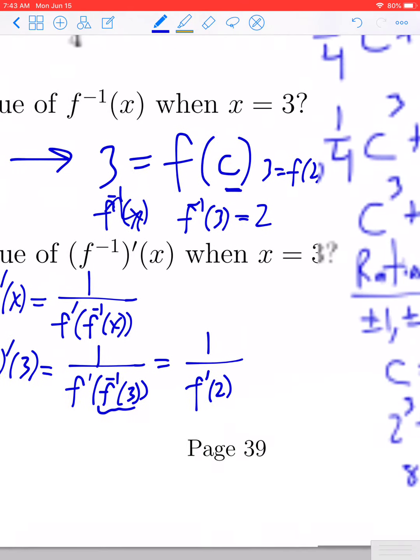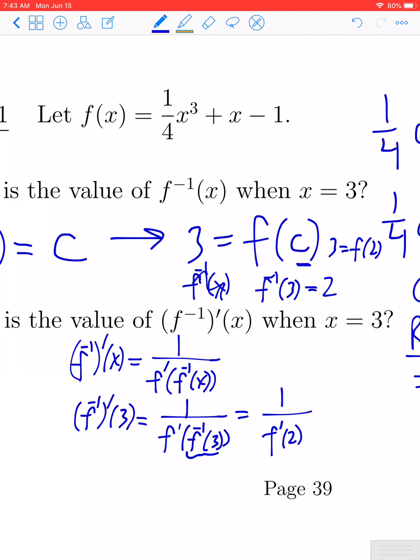Let's come back. We need to take the derivative of the original function. We can do that pretty easily. f prime of x is going to be equal to 3/4 x squared plus 1.